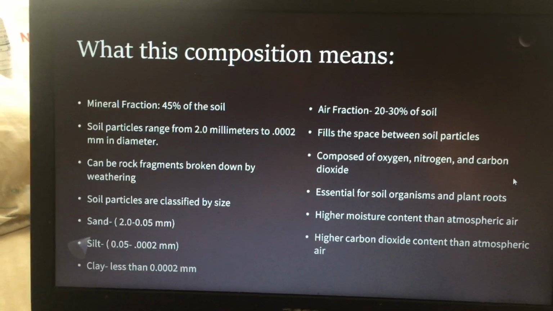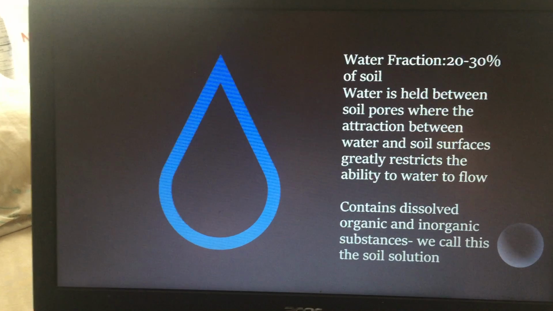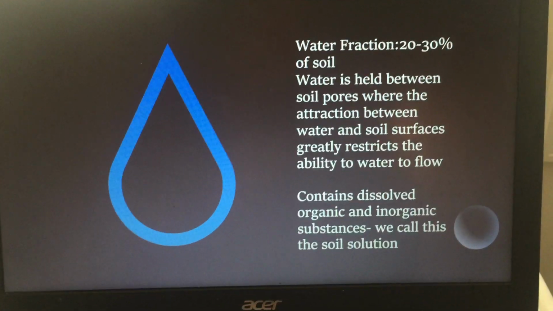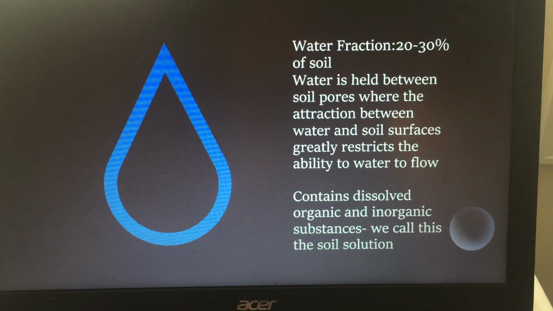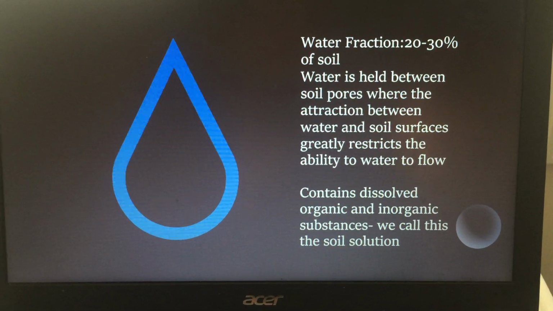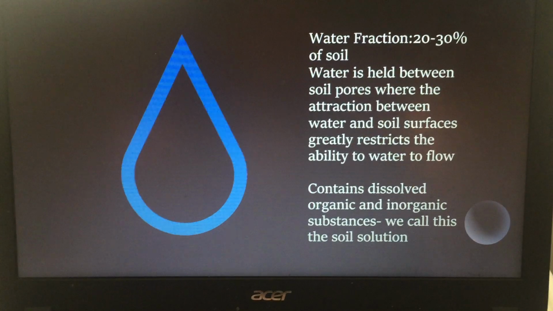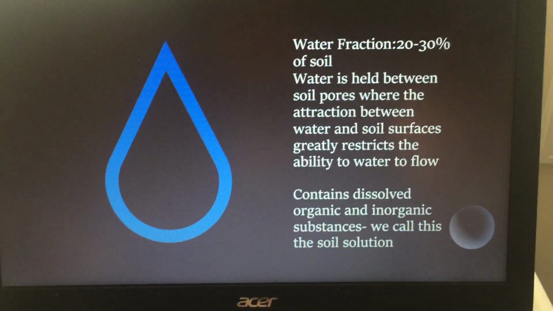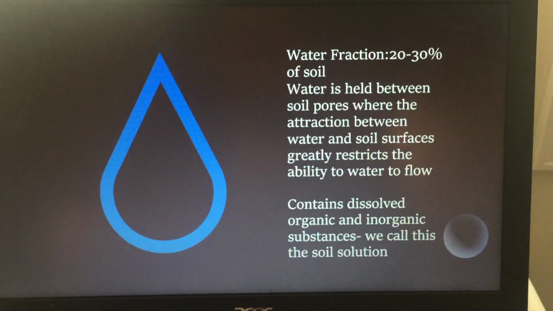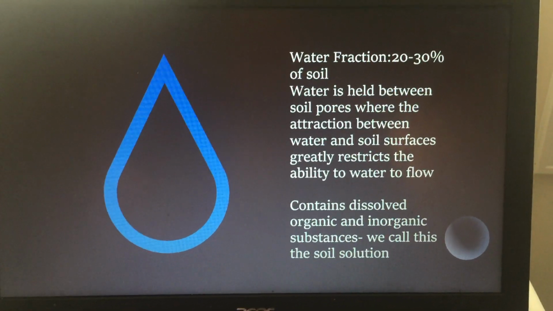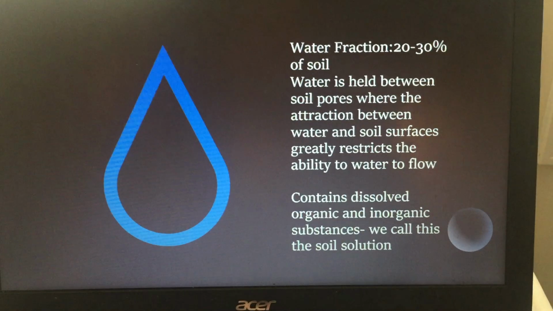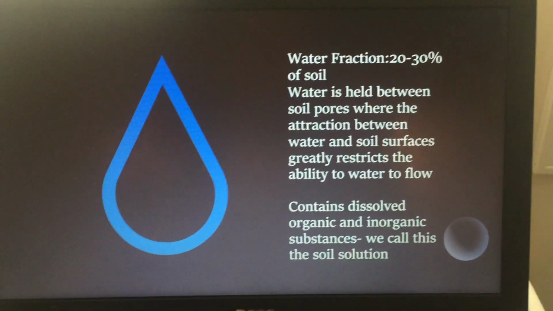The next fraction that we have is the water fraction, and water is held between soil pores where the attraction between water and soil surfaces greatly restricts the ability of water to freely flow. So that means that soil water is going to stay in the soil because it doesn't have the ability to flow through the soil.